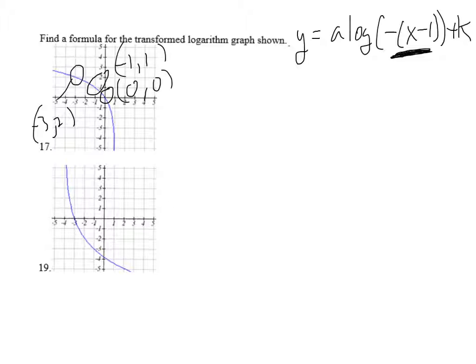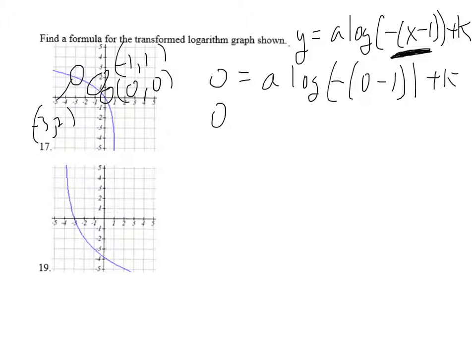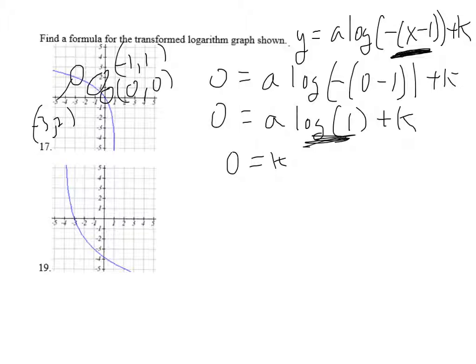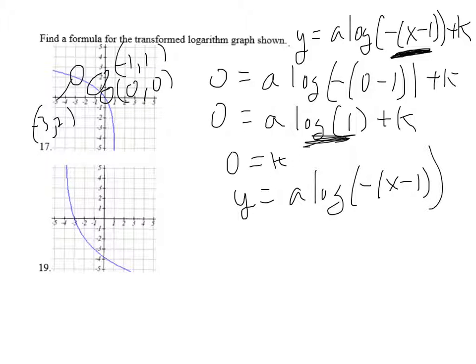So if I use 0, 0 here, if I say 0 equals a times the log of -0 minus 1 plus k, 0 equals a times the log of, well, let's see, -1 is +1, and the log of 1 is 0, so that tells me k is 0. So that tells me there's no vertical shift. So I'm going to write y equals, let's see, a log of -x minus 1. I'm going to forget all about my k.